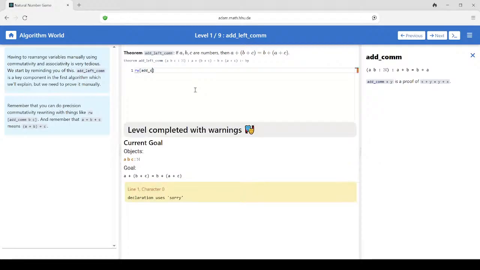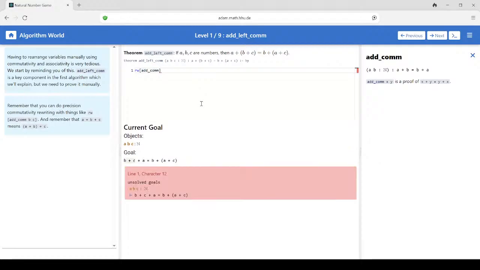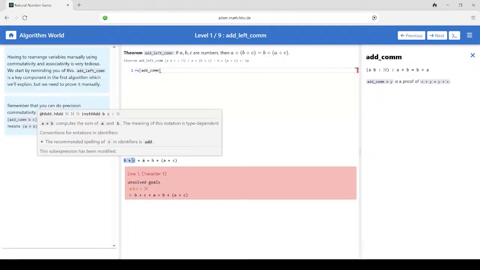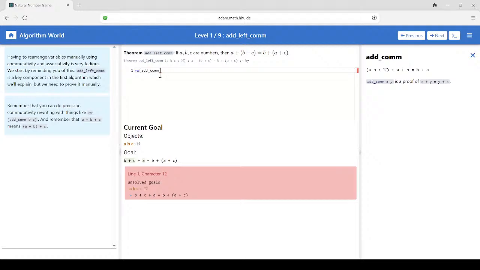We need to add commutativity. And right now, all that's doing is putting the b first, but we want to put, or no, we do want to put the b first, but we're putting the b and the c first. If we do what it recommends doing and type b, c, then what happens? And we just change the order of b and c.